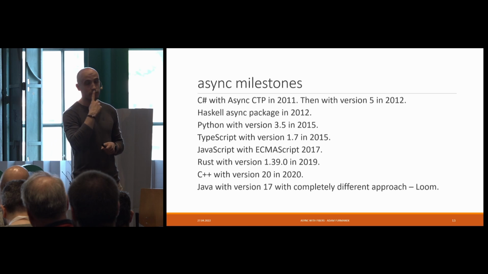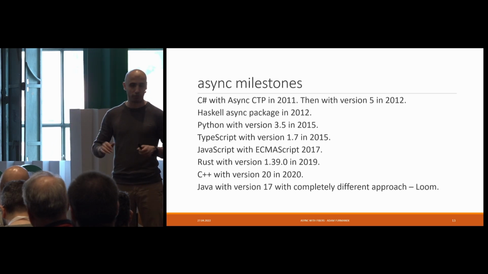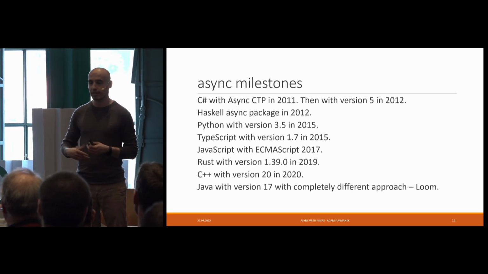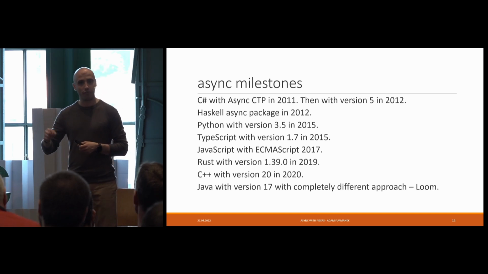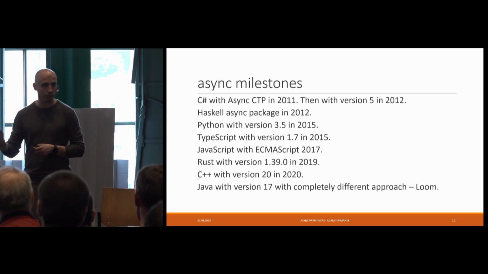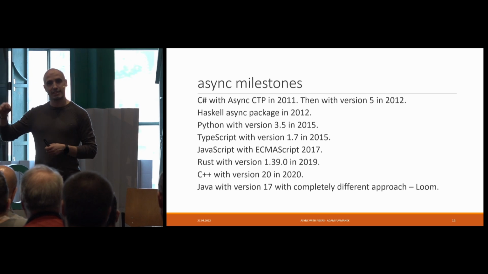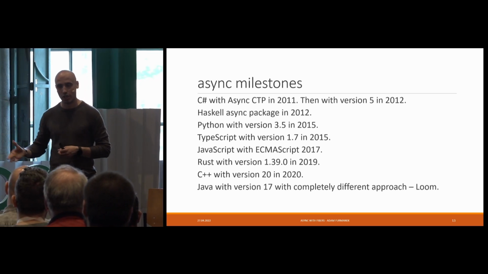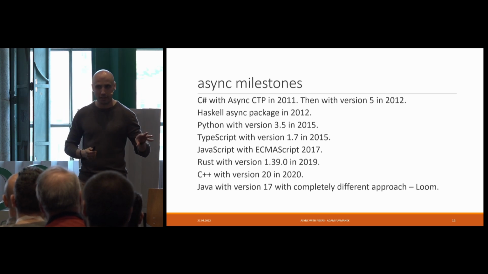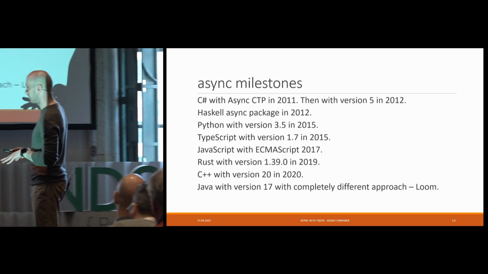For instance, a very interesting example was released literally a couple days ago, where a guy implemented an application which is able to handle 50 million concurrent connections on one single box. This is something we cannot do with C#. If you ever heard about the C10K problem, the challenge to handle 10,000 concurrent connections on one single machine, this guy made a big step forward to 50 million concurrent connections.